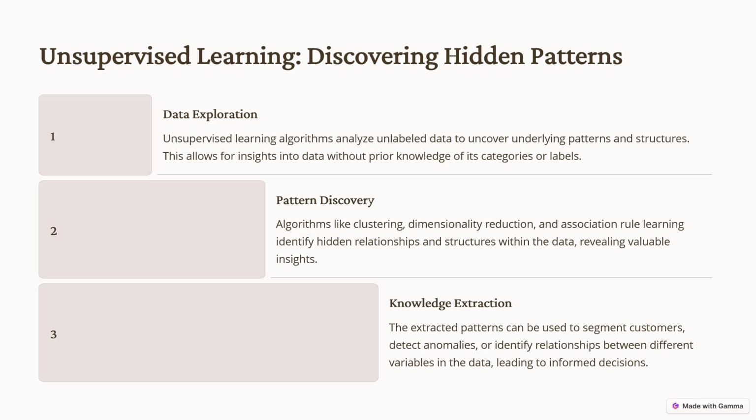Next we have knowledge extraction. The extracted patterns can be used to segment customers. For example, based on the underlying patterns that are learned, we can detect anomalies, identify relationships present in the data, and also make various decisions based on the patterns that have been understood.